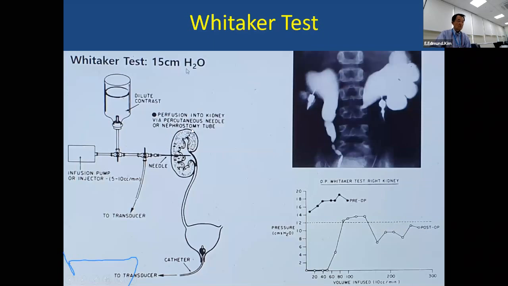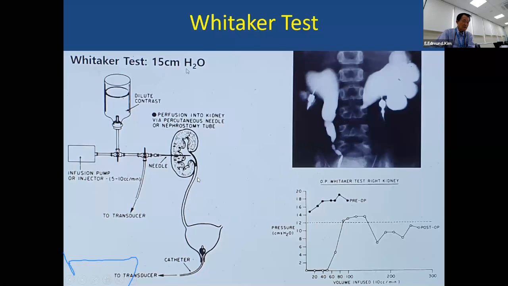So we used the Whitaker test, put in the nephrostomy and measured pressure in millimeters of mercury. But this technique has been abandoned. Usually around 15 centimeters of water pressure, but the separation of mechanical versus functional obstruction is not so clear cut.